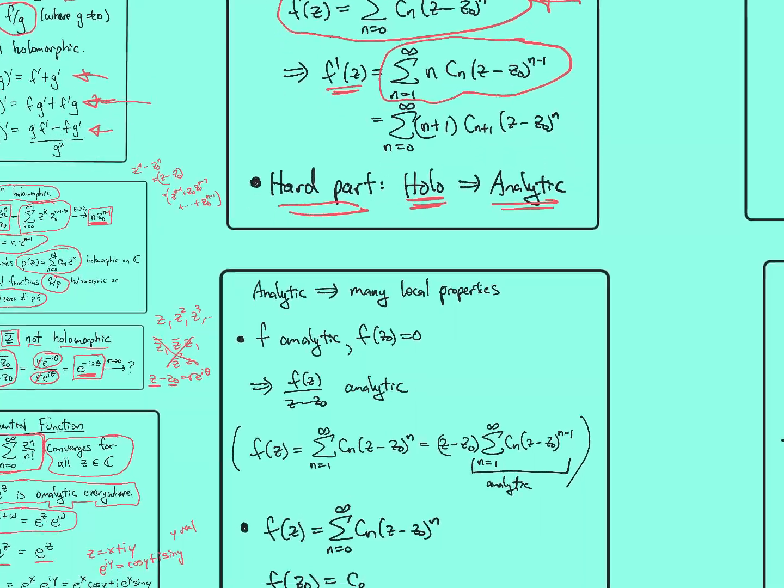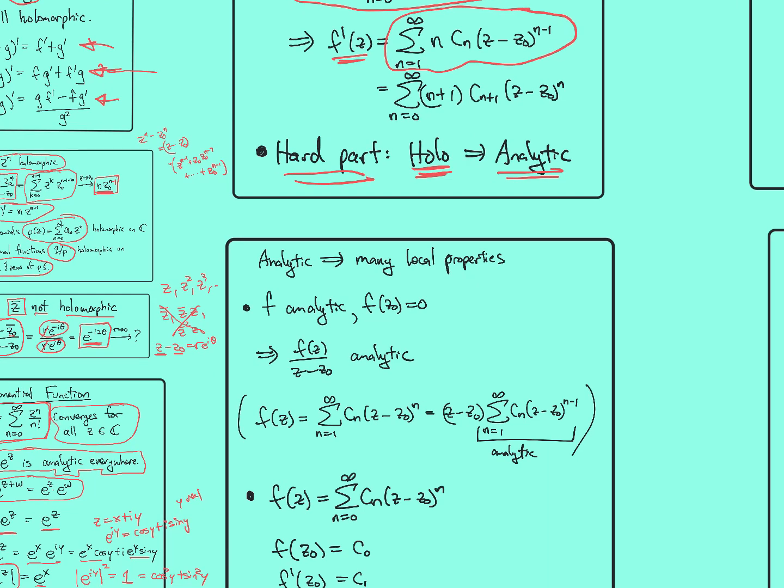And so what is the point of this? Well, being analytic gives you many nice local properties. For instance, if f is analytic and it has a 0, then I can divide out the 0 essentially. f over z minus z naught will be analytic.